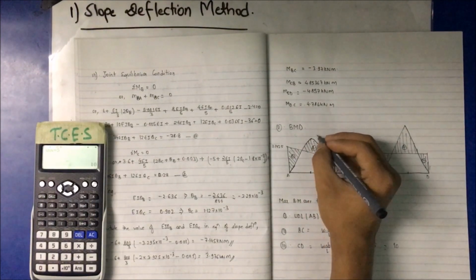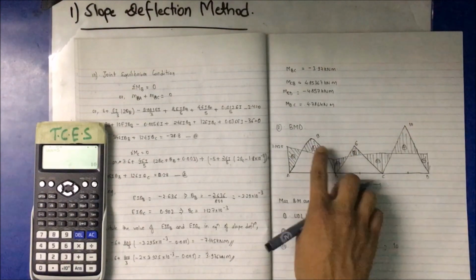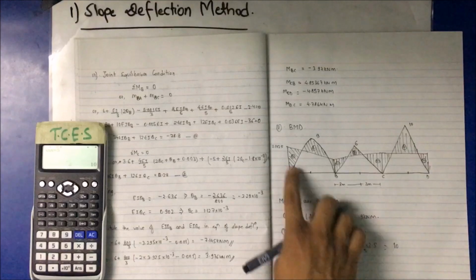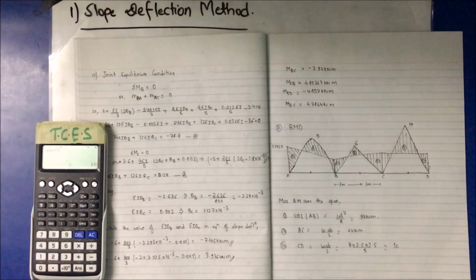This being 9, this being 6, this being 10. This is positive because it is a positive value, and this is the negative portion. So this is the bending moment diagram for this structure.